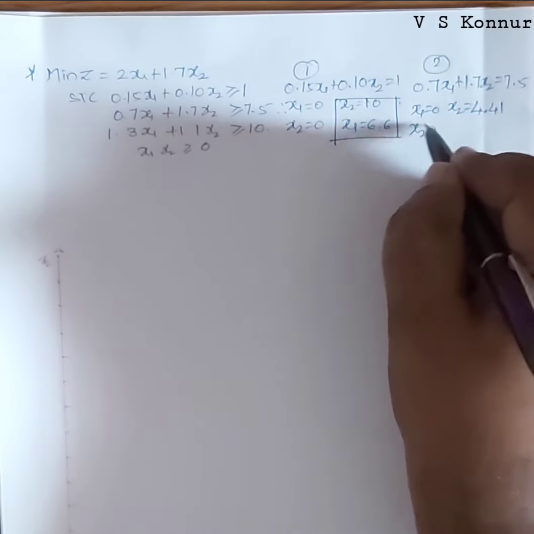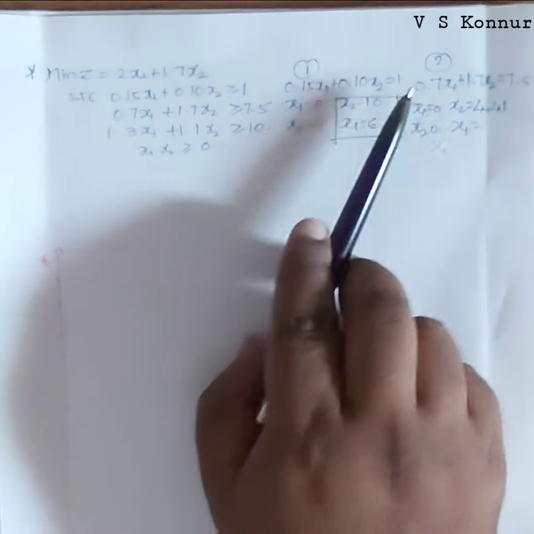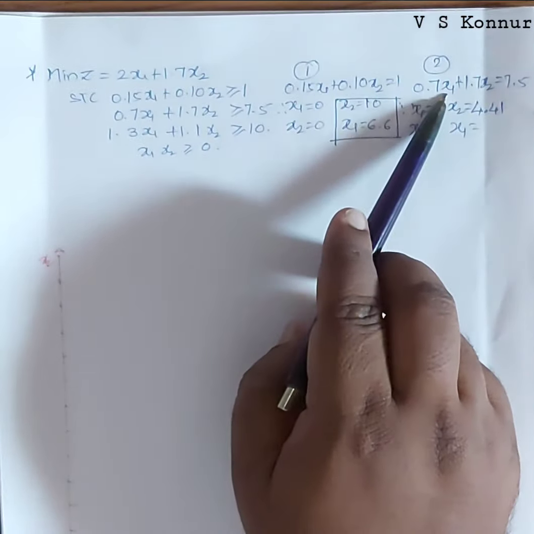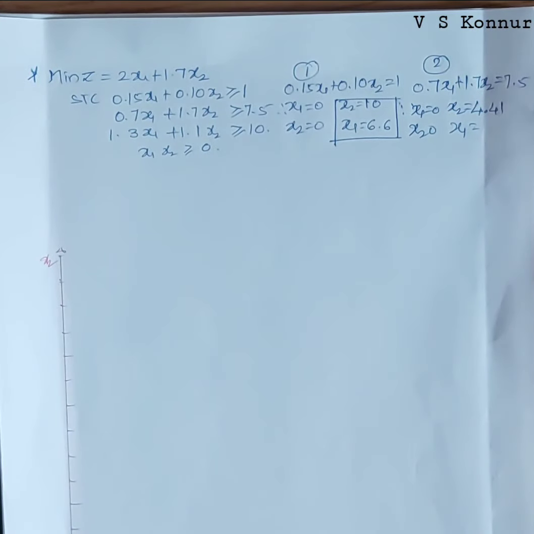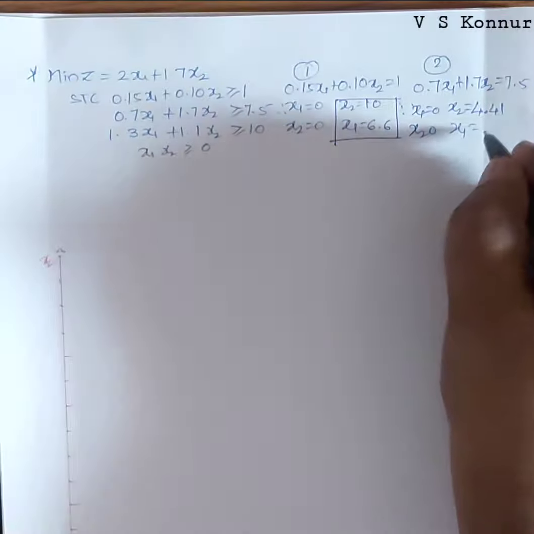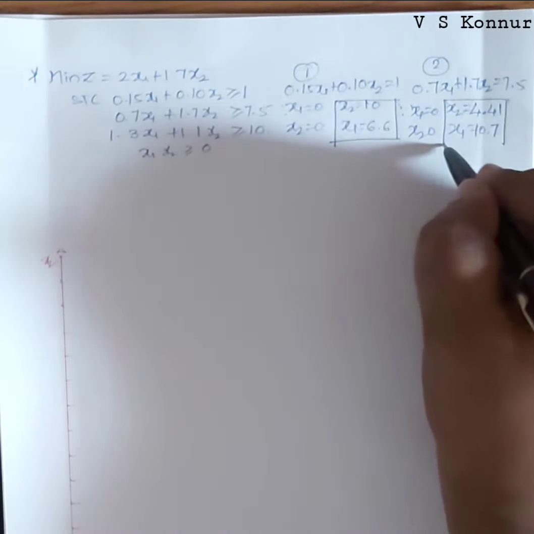Then put x2 equal to 0. x1 is equal to 7.5 divided by 0.7. That is 10.71. So this is the second line.